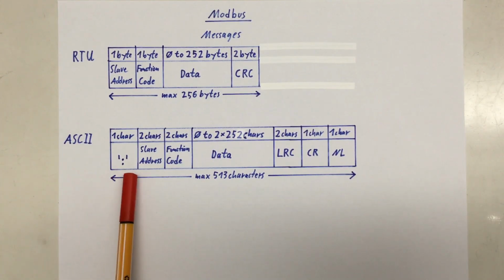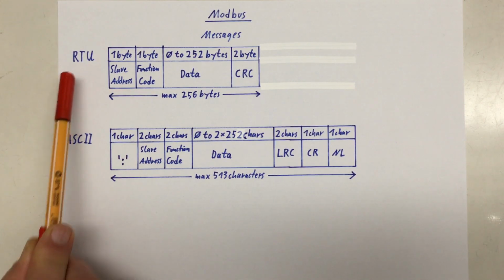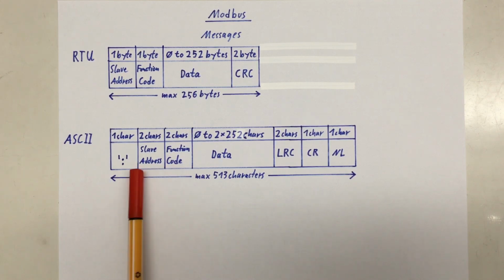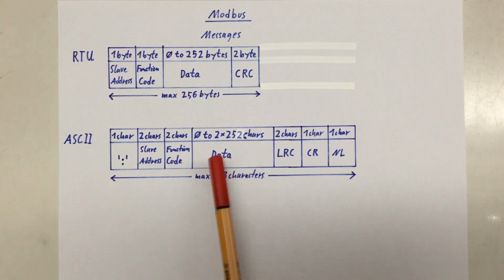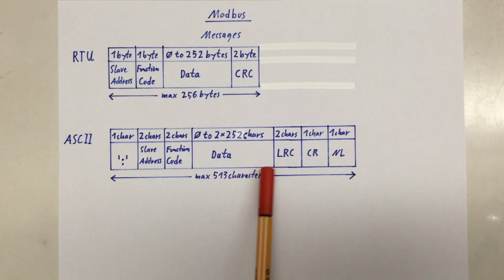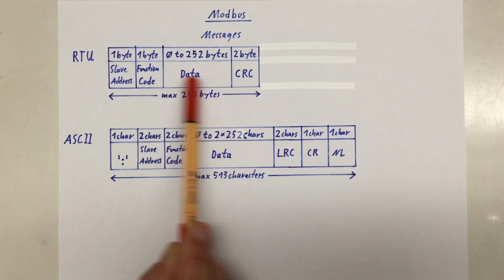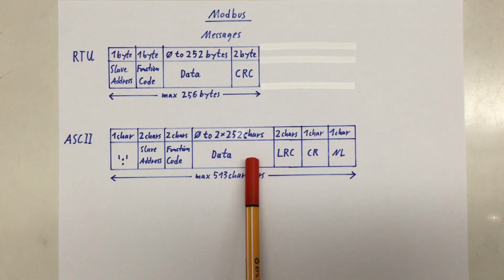ASCII messages always start with a colon. That is followed by 2 chars, that is hexadecimal digits, of the slave address. That's nothing else than writing the binary slave address from the RTU message as a 2-digit hexadecimal number. The same holds true for the function code that follows next, and then you have, of course, 0 to 2 times 252 chars of data. Just the binary data from the RTU message written out as hexadecimal digits.